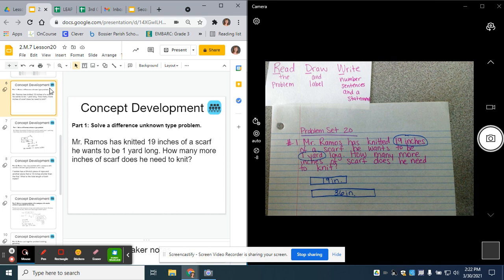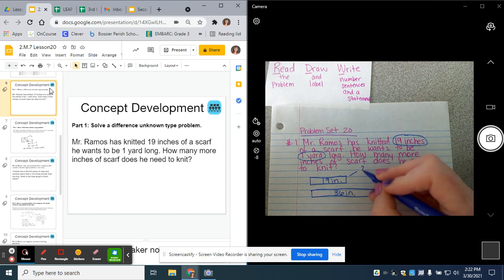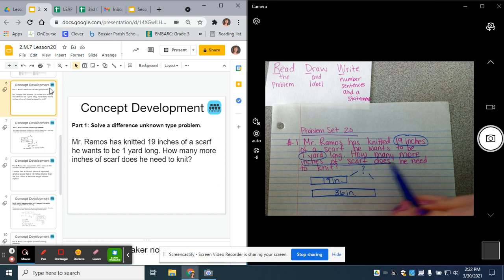The part we need to find out is how many more inches of scarf does he need to knit? We're trying to find out how much more he needs to knit. Well, there are 2 different ways we could solve this.